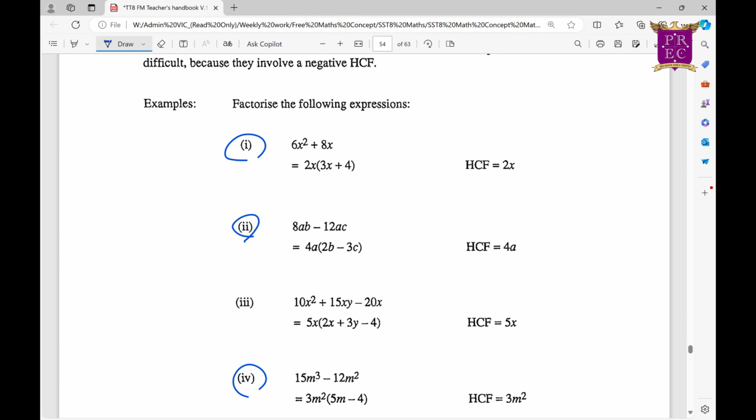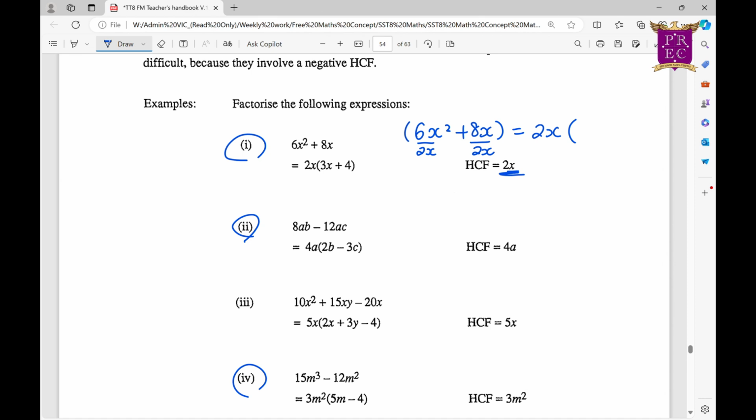So you notice how both have x in them, and not only that, but their highest common factor would be 2, because you can divide both of the coefficients by 2. And if you do that, you are left with 2x being the highest common factor. So if I just put brackets around this and then divide each term by 2x, what I'm getting is 2x outside of the bracket.